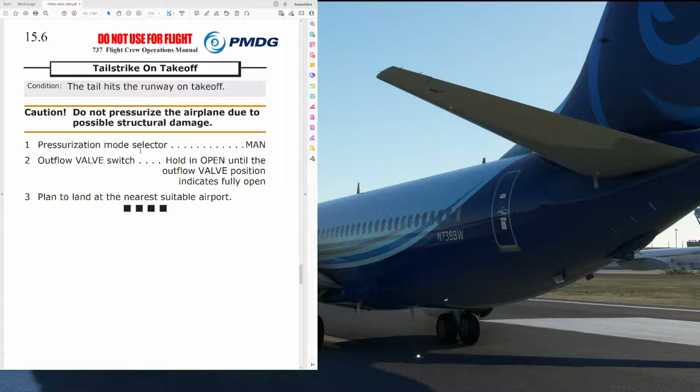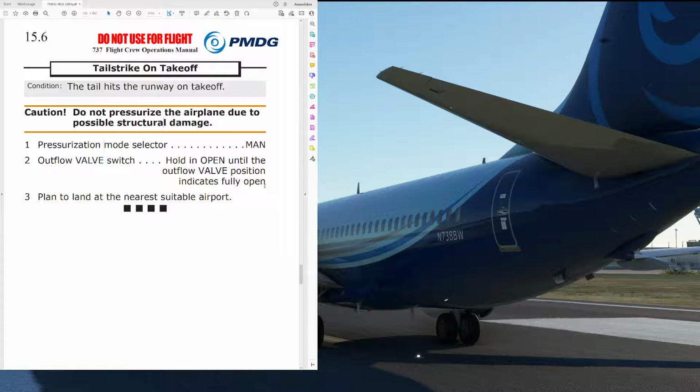If your cabin did not yet rupture by the time you have reached that altitude, it might be a good idea just to start descending the airplane again to at least flight level 100, so that you don't need the oxygen mask by the time you depressurize the airplane. Additional consideration afterwards: since the outflow valve will be fully open, that means your cabin altitude is going to vary just the same as your airplane altitude does.